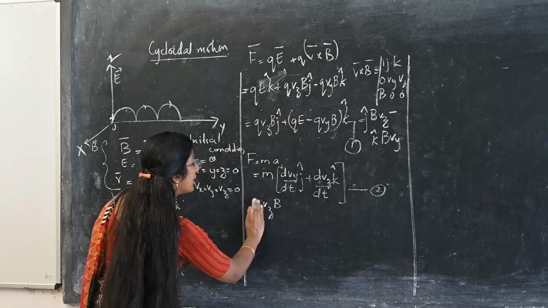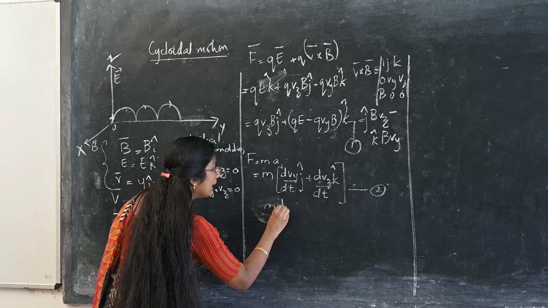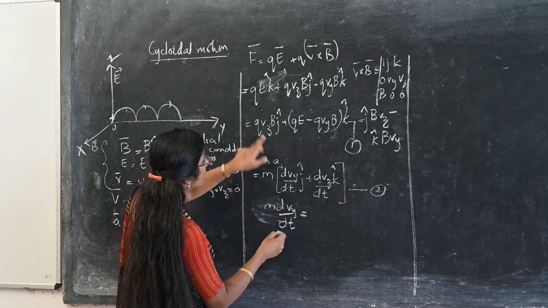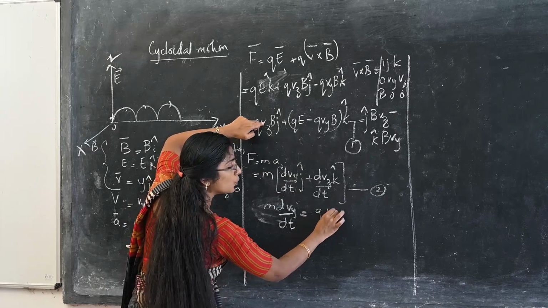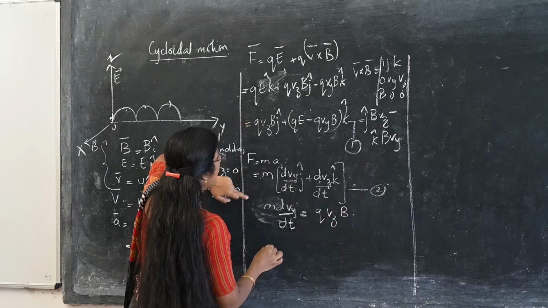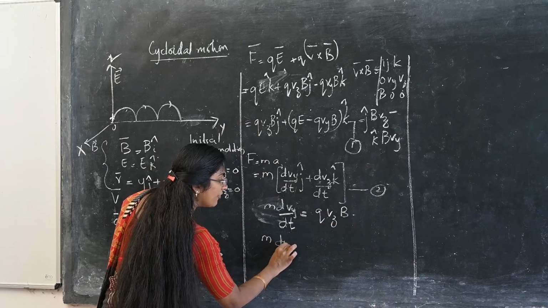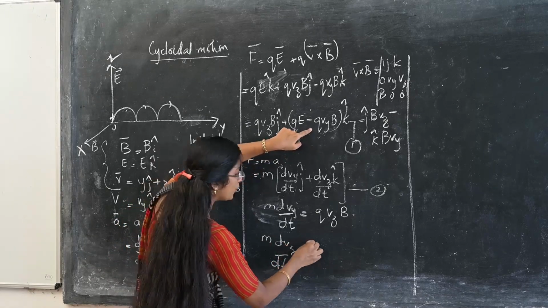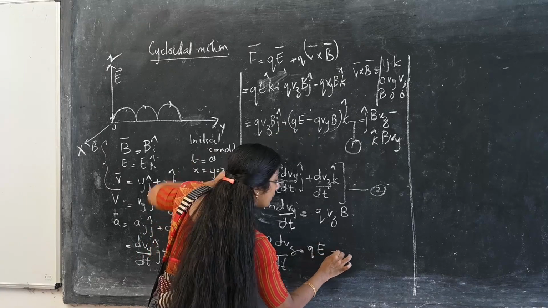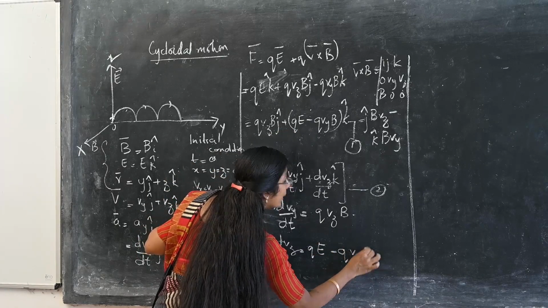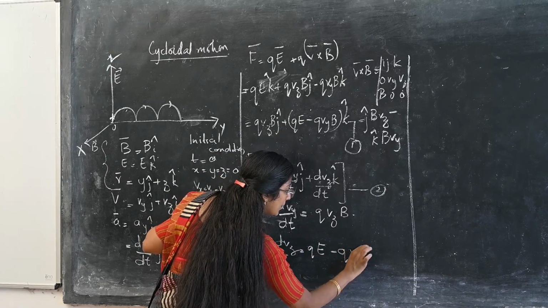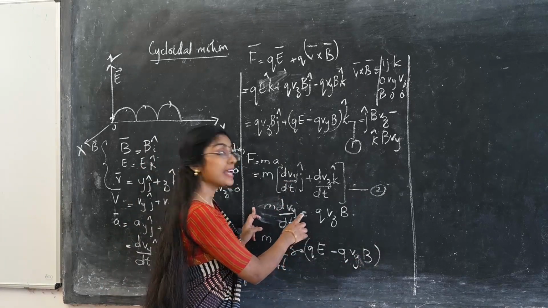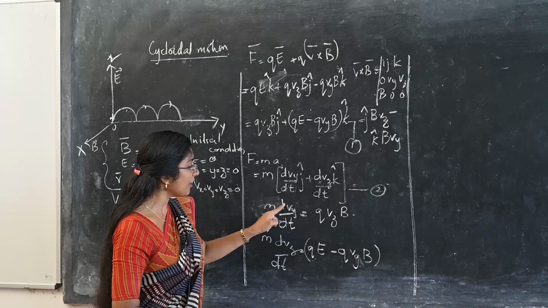So, that I get m into dVy by dt is equal to the j component here, Q Vz B, and m into dVz by dt is equal to the k component here, that is QE minus Q Vy B.